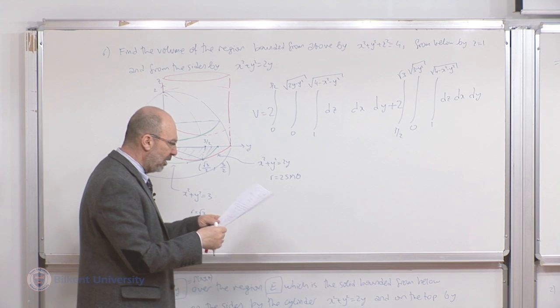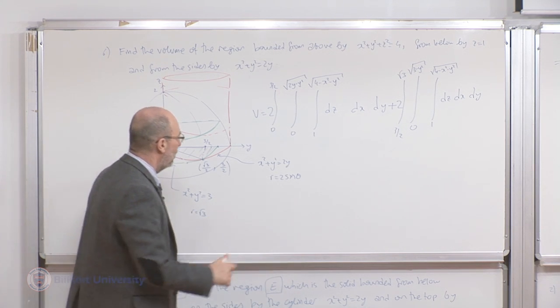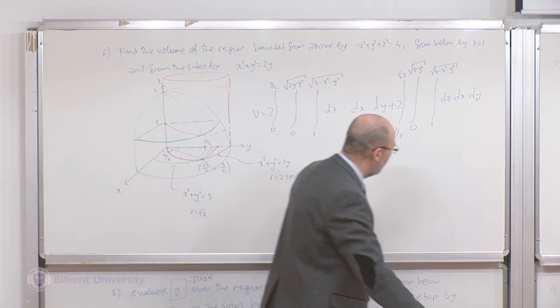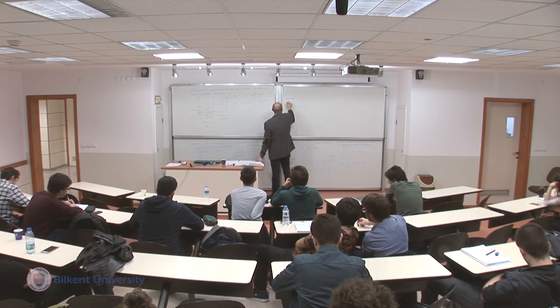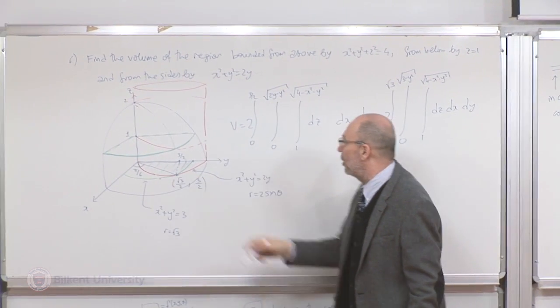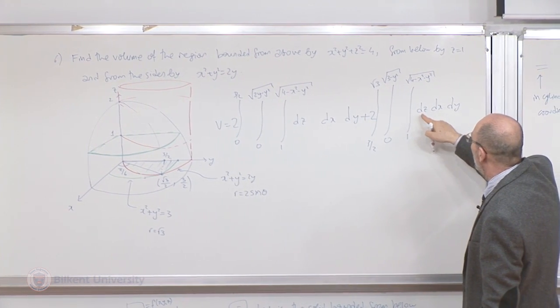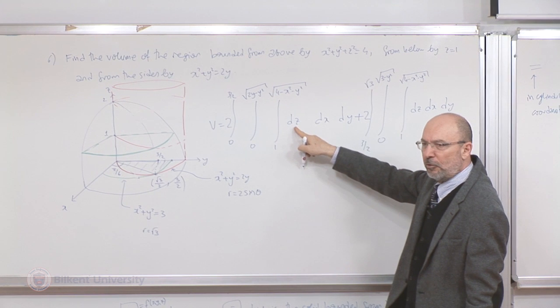Now we can change. Let us change this to cylindrical coordinates. Let's do this over here. The only thing that will change is the descriptions here. Let us integrate this with respect to z first.